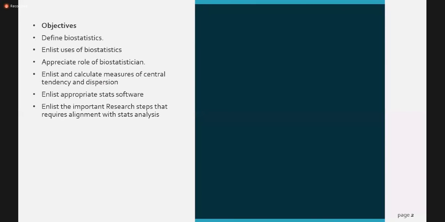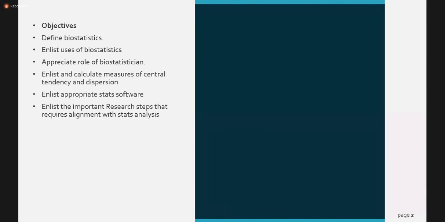Then we'll see the measures of central tendency and dispersion, which are the most popular and the basic start of the analysis in any research study or any investigative procedure. And then we'll see what appropriate statistical software is available for analysis.